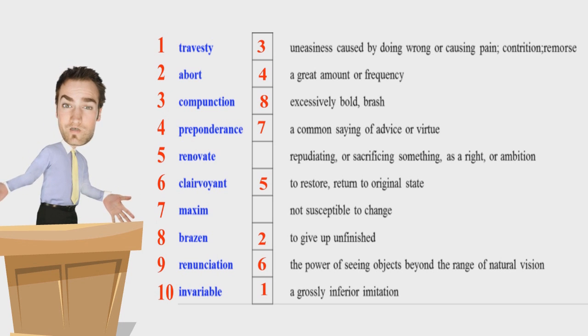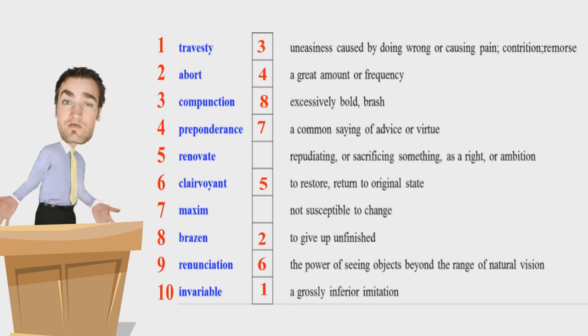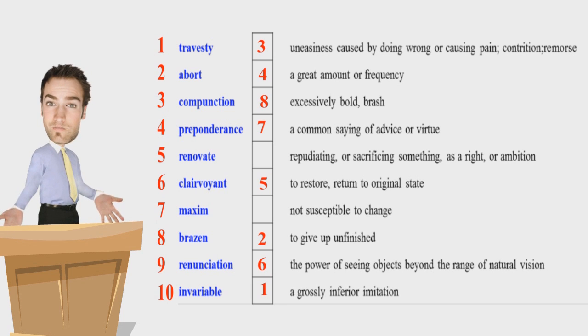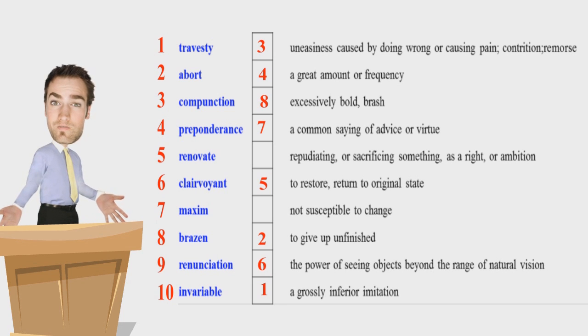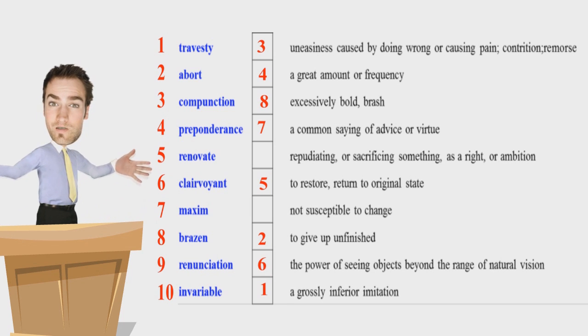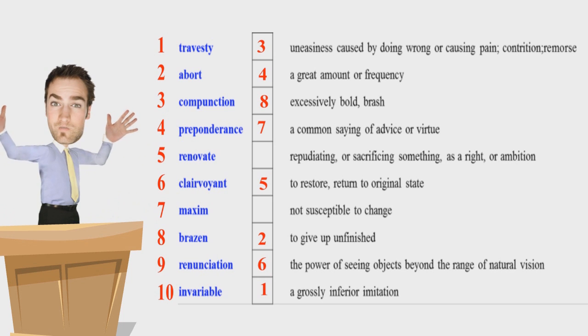Some people say renunciation. And that means to relinquish, to abandon, to repudiate or sacrifice something, a title perhaps that you have. It is formed from two Latin sources, the prefix re, which in this case meant against. Usually re means again, but in this case it meant against.